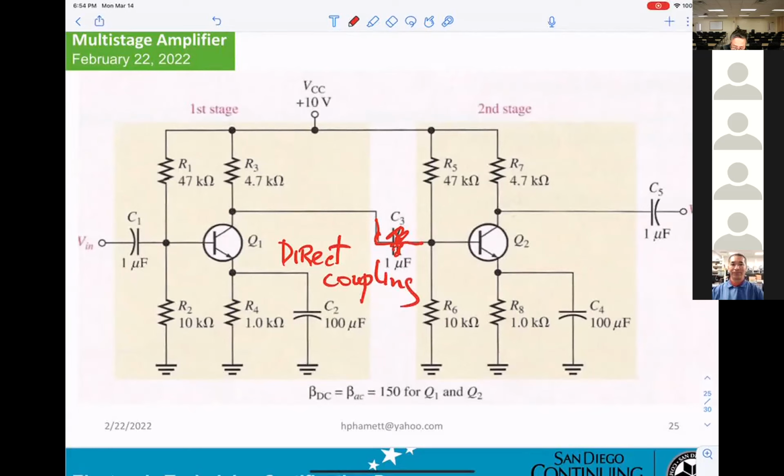That means whatever is at the collector of Q1 will go directly to the input of Q2 without any capacitor. You have to work on both: AC coupling and another one, direct coupling.